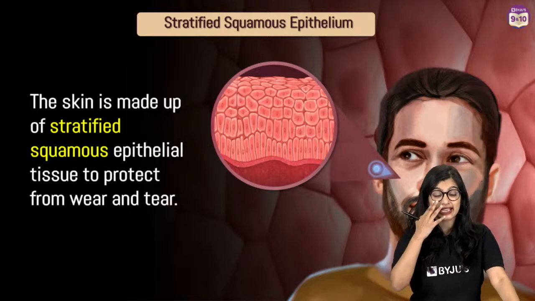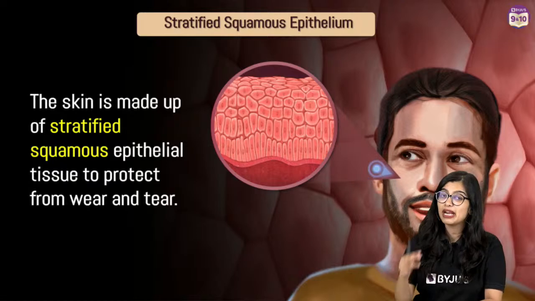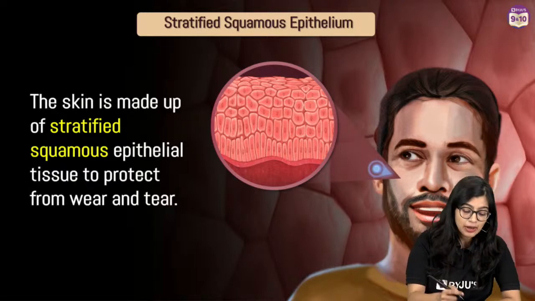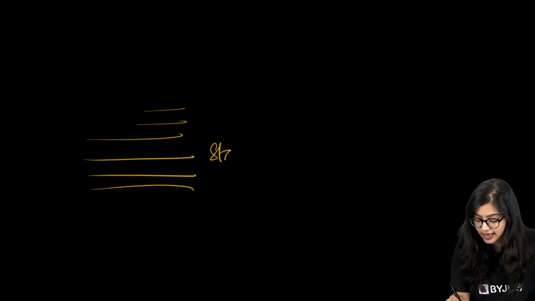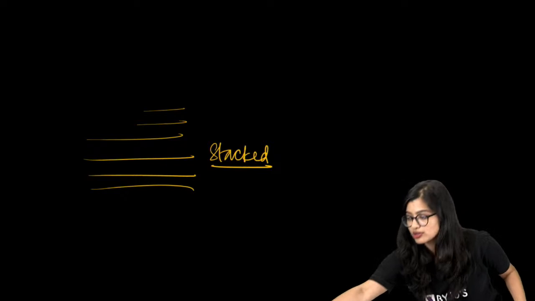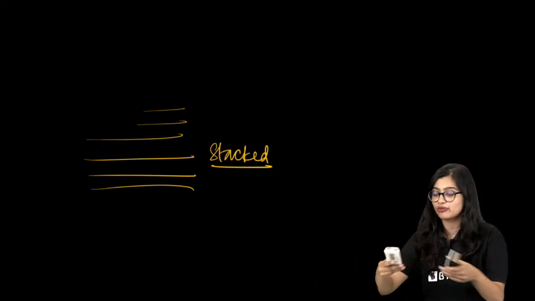But in some cases, like in our body, if you look at the skin, it is not made up of a single layer of epithelium, but rather it is made up of multiple layers, right? So we see that it is made up of multiple layers of cells which are stacked. You can think about it like building blocks. For example, if I have building blocks, they are stacked one on top of the other.